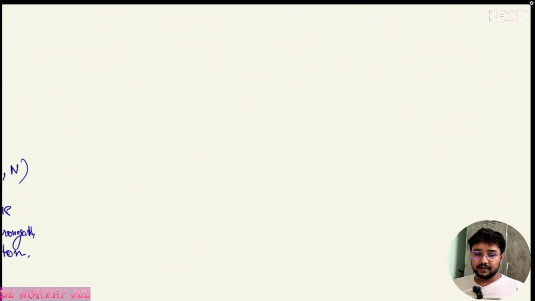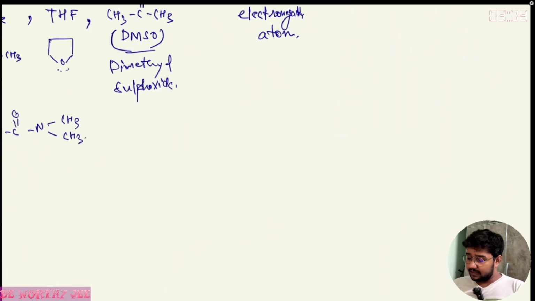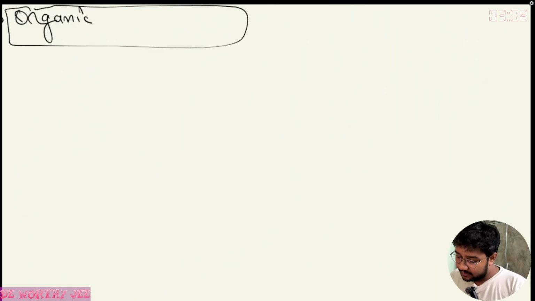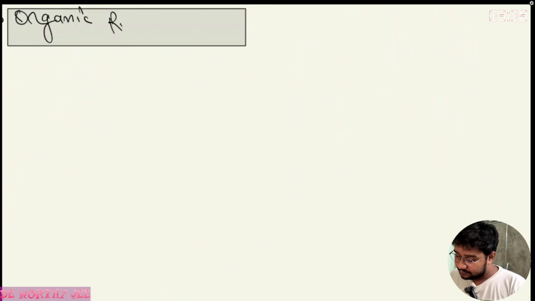Next, come to the topic where you should know about a few reagents, and here we are discussing organic reaction mechanisms, so the reagents are also organic ones. So take a small heading of organic reagents.